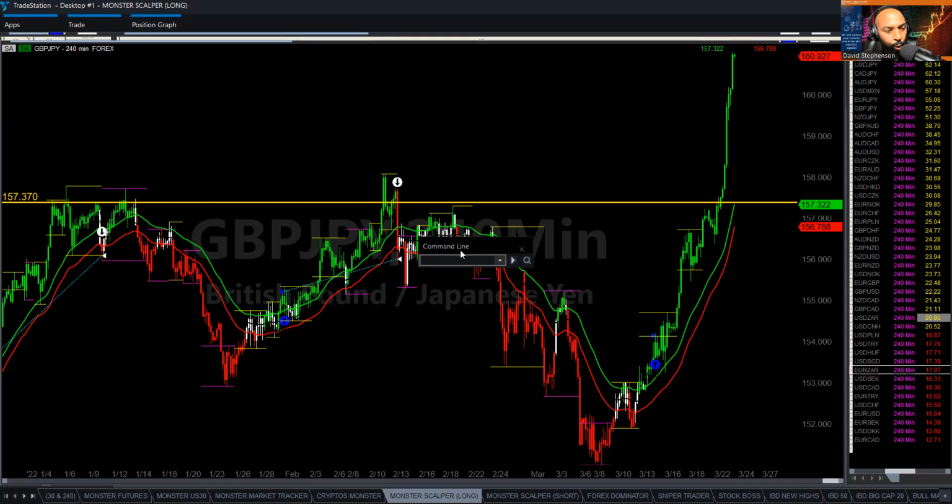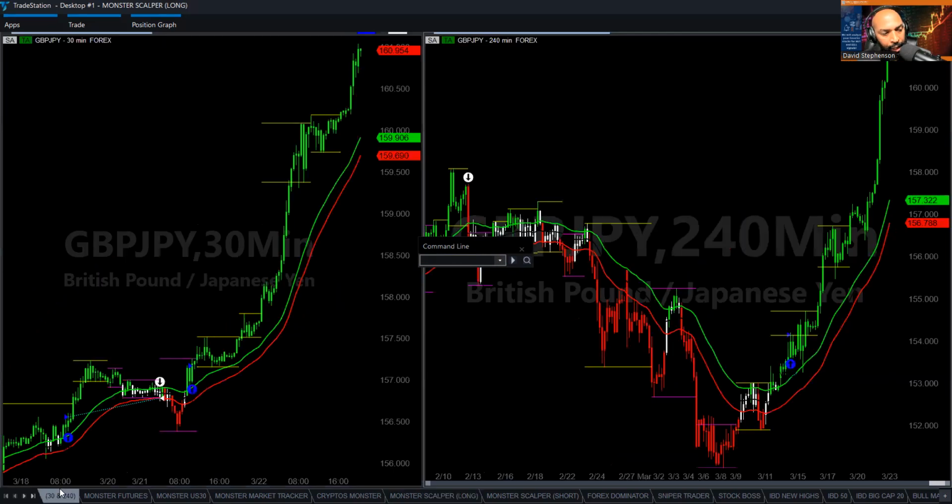The 240, the four-hour chart, works as a great in-between. It's more of a swing trade. The 30-minute is somewhere between a scalp and a swing trade.